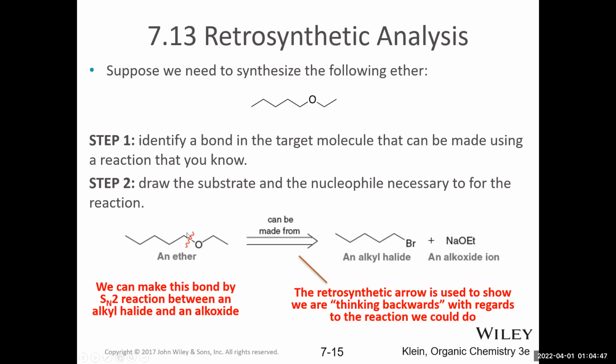So we know we can make this bond through an SN2 reaction. If we were wanting to make this bond through an SN2 reaction, we would typically start with an alkyl halide. This is great because it contains a great leaving group, and a strong nucleophile, such as sodium ethoxide. So thinking backwards, we identify a bond we want to make, a reaction that can be used to make that bond, and then break it apart into substrate and reagents.